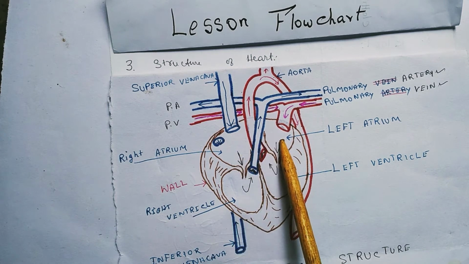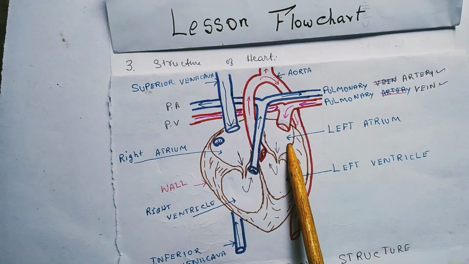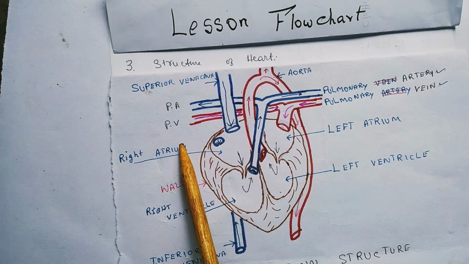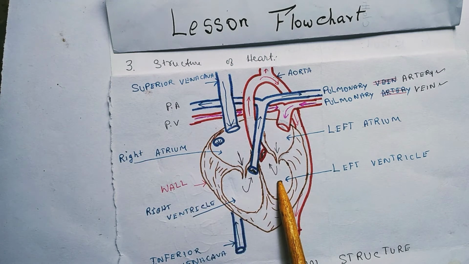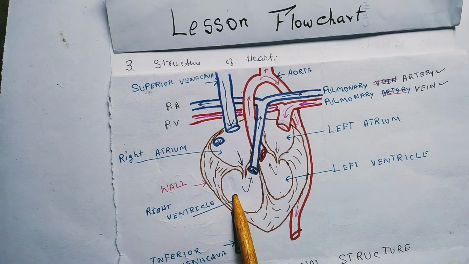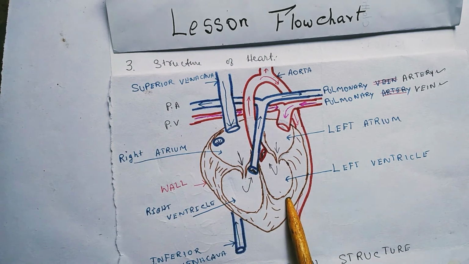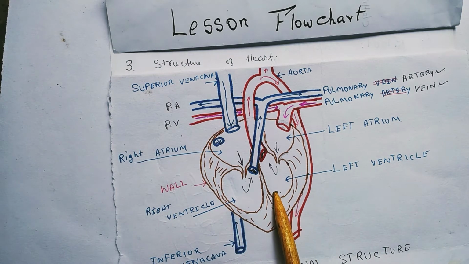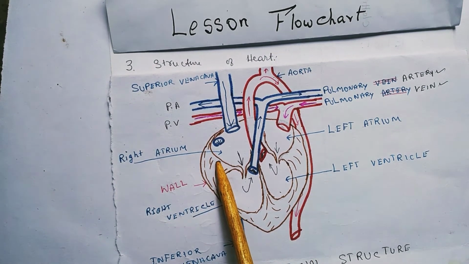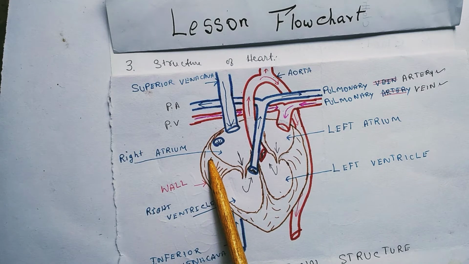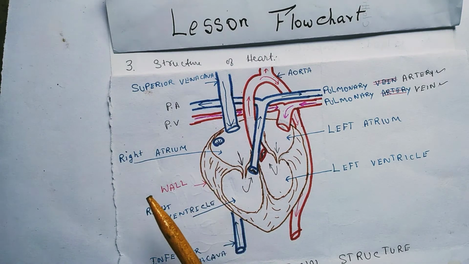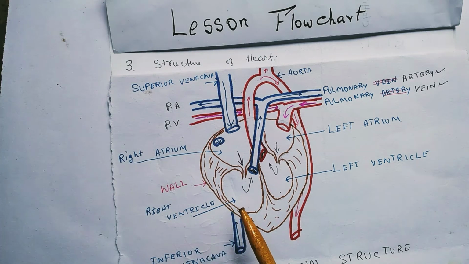These 2 at the top are called atria. This is the left atrium, this one the right atrium. These 2 at the bottom are called ventricles. This is the right ventricle and this is the left ventricle. These are nothing but thick muscles, and these muscles are very specialized in pumping.